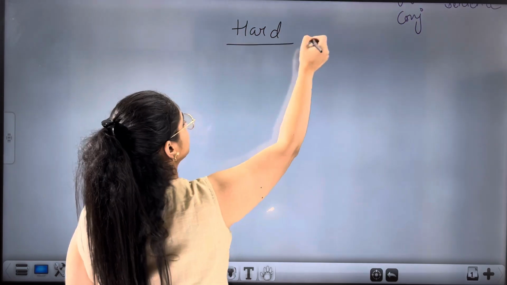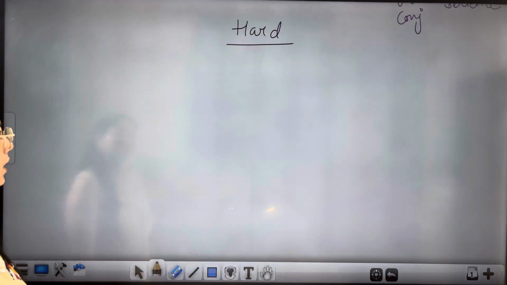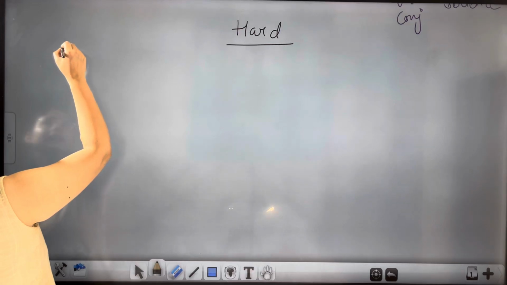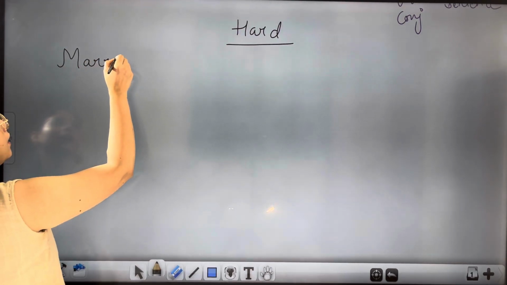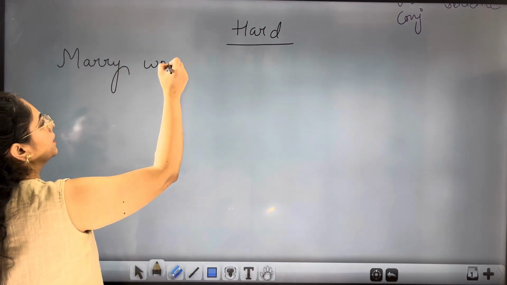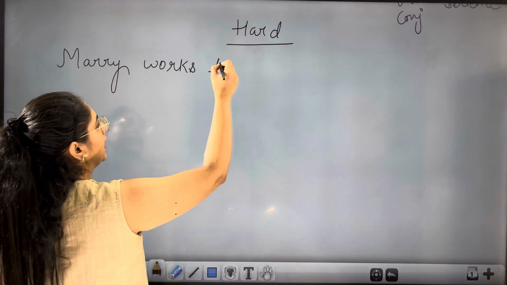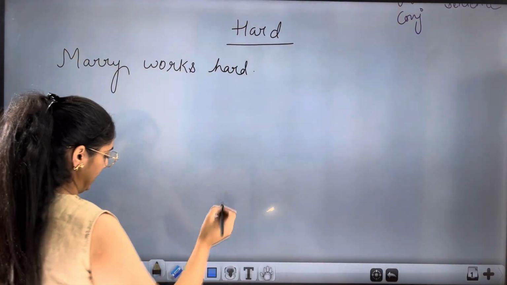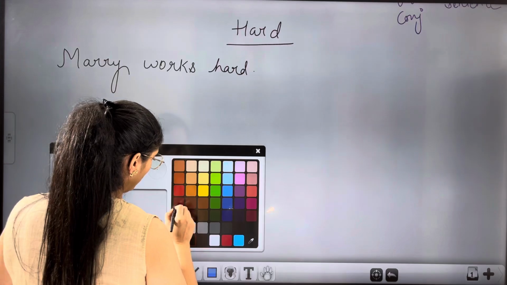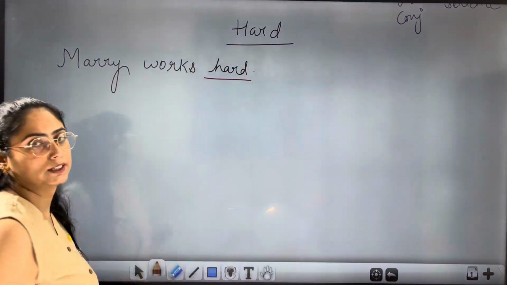Okay, so: Mary works hard. This is a sentence. Mary works hard. And I am underlining one word, hard.